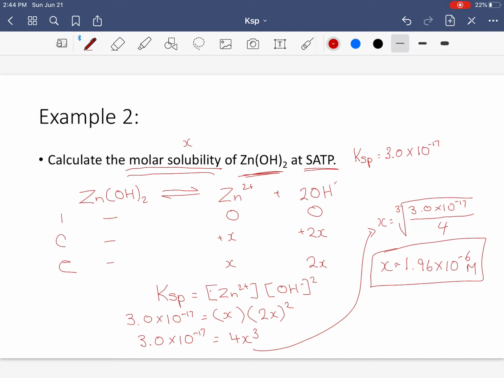Okay, there it is. That's the answer right there for the molar solubility of zinc hydroxide at STP.